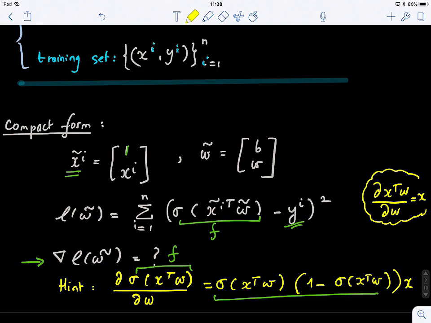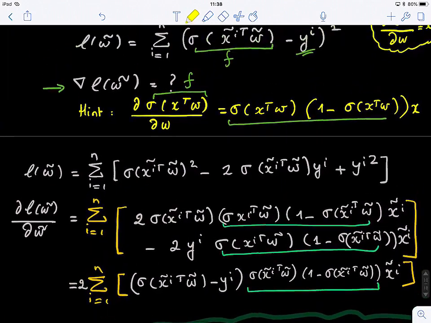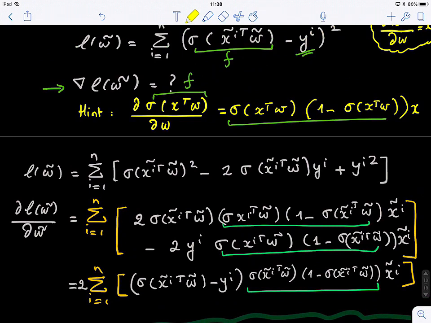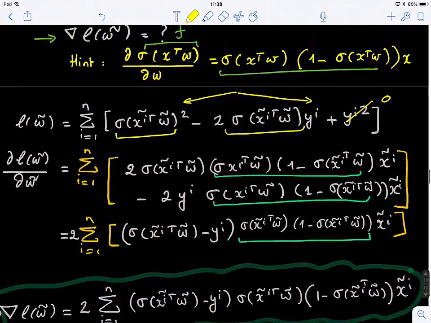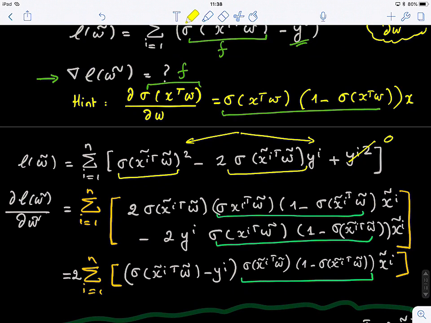Okay, so let's look at the solution. So basically, I have expanded the squared form right here, as usual. Then we're going to derive the first one and the second one. The third one is equal to 0 because it doesn't depend on w tilde. So for the first one, you can see this is just a derivation of a squared function.